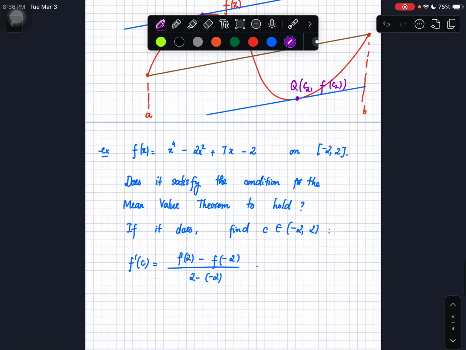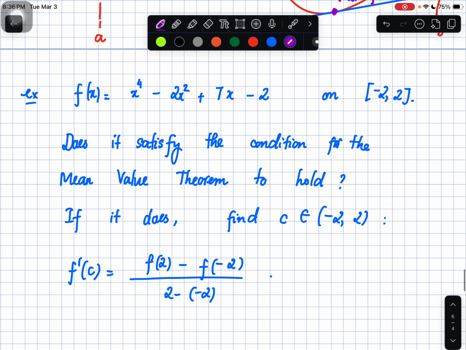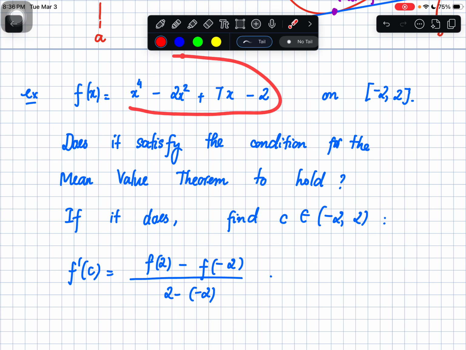So here is one example of using the mean value theorem. They give us a function f of x equal to this one. So obviously this function is continuous on the closed interval, in this case minus 2 to 2. It is differentiable on the open interval, minus 2 to 2. And therefore it does satisfy the conditions for the mean value theorem to hold.